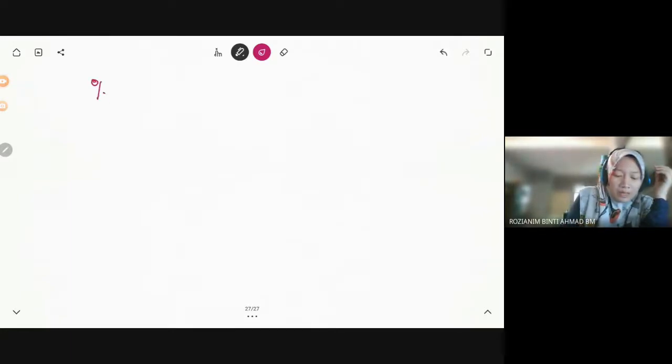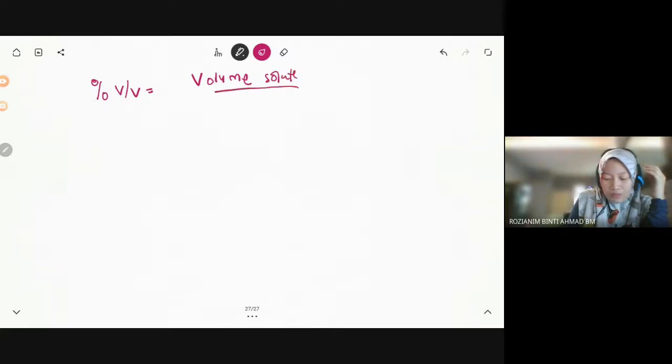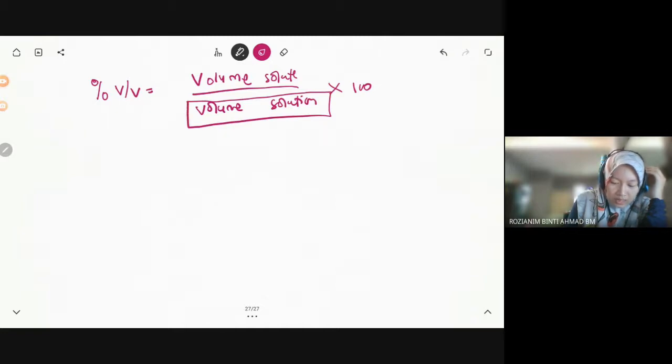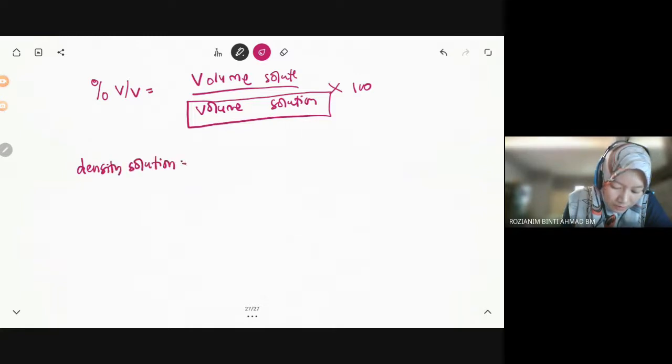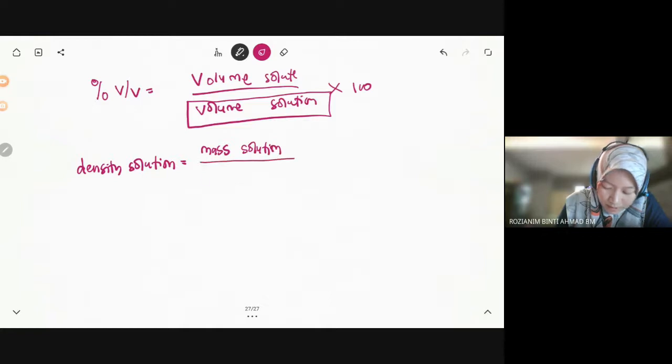Tapi bila melibatkan percentage by volume, it comes from volume solute over volume solution darab 100. So macam mana dapatkan volume solution? Dia mesti datang daripada relationship density. Density solution sama dengan mass solution bahagi dengan volume solution.